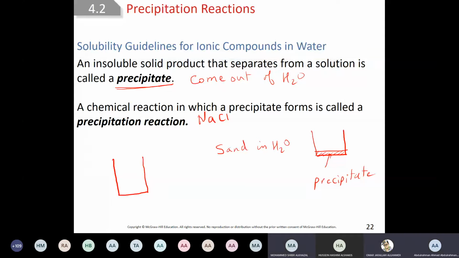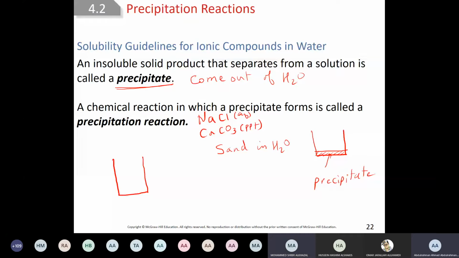It will dissolve. But if you put calcium carbonate in water, it will not dissolve. It will precipitate, and we can write PPT to mean precipitate. But aqueous means it will dissolve.